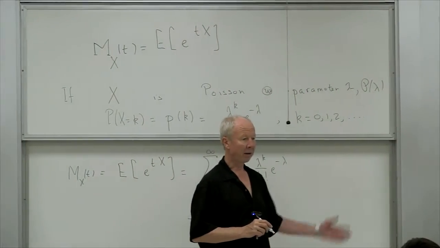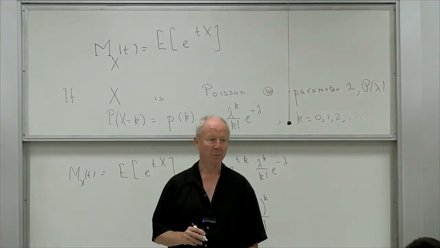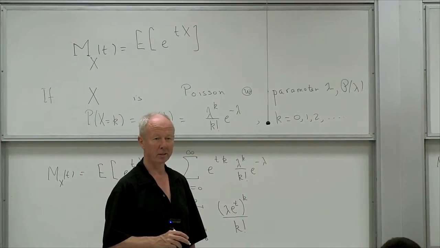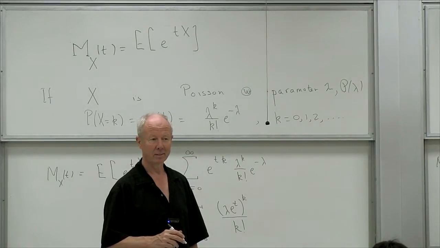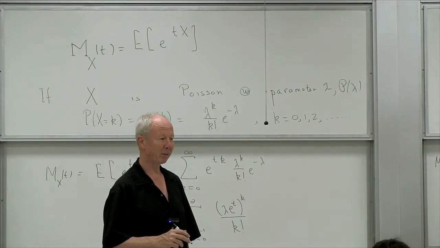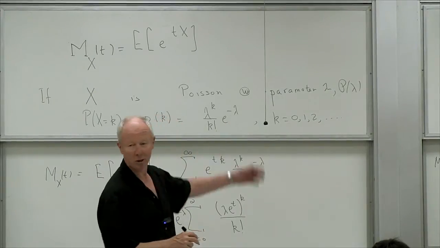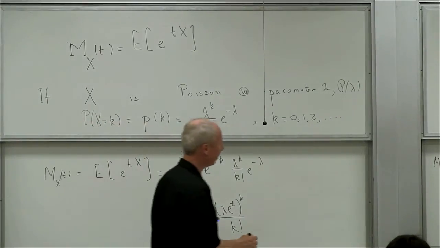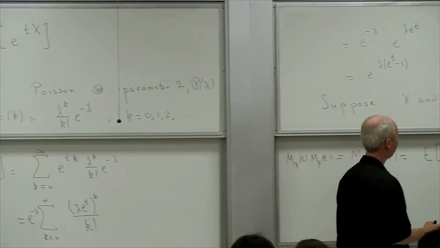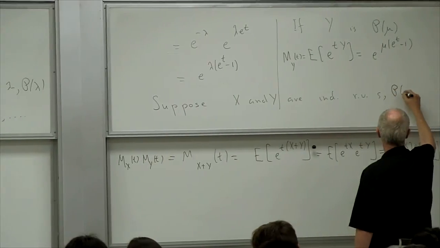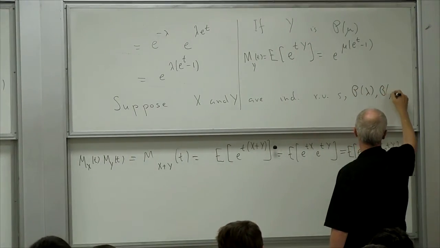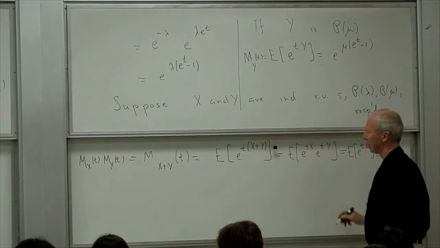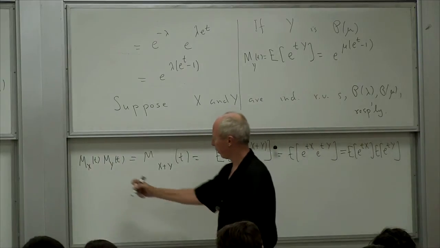Okay, well, let's apply this to an example. What would be a good example to apply this to? What pair of random variables would you like to try? How about Poisson? Let's try it. We have them right here, right? So if x and y are independent, Poisson with parameter lambda, Poisson with parameter mu, respectively, then what do we get here?